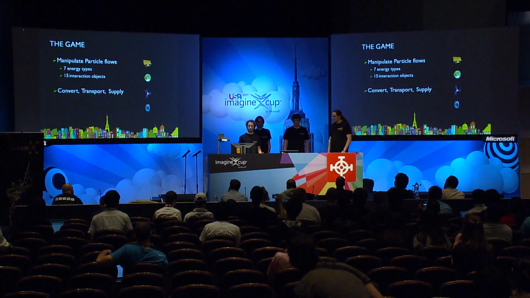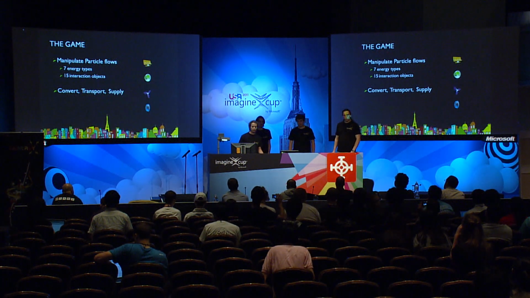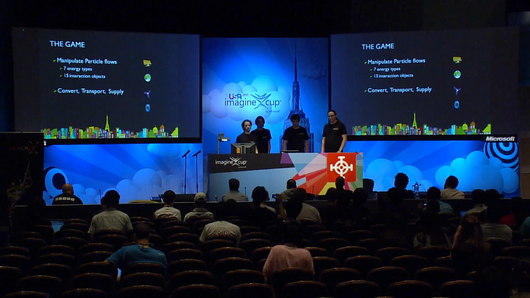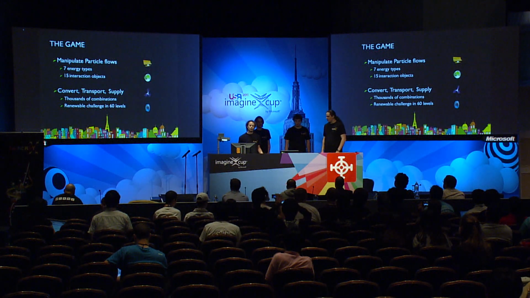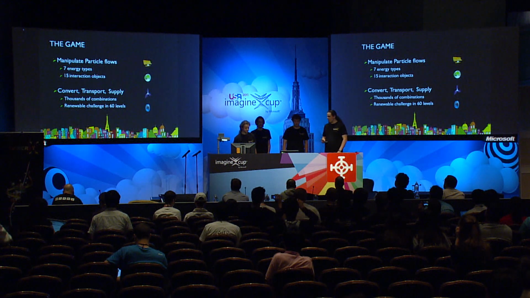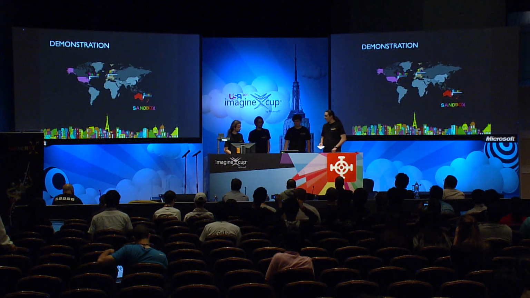With all these objects, the player is able to convert and transport the energy in order to supply the city with clean energy. All these tools provide thousands of combinations and guarantee a renewed challenge at each level. Interesting. How does it look?